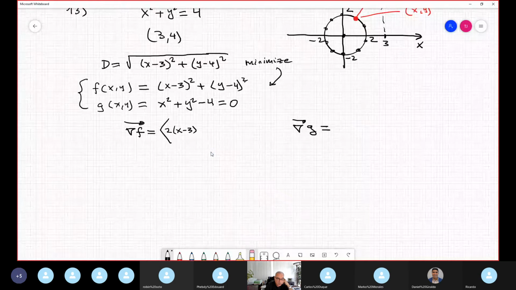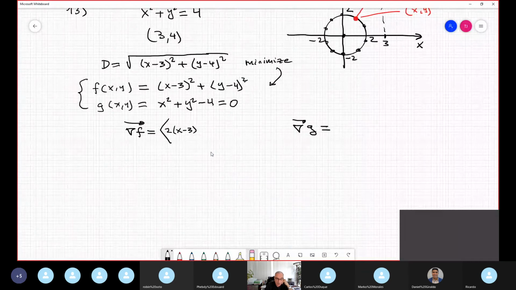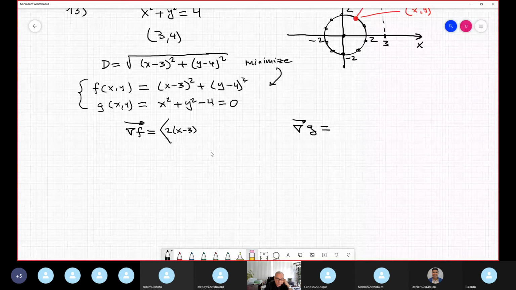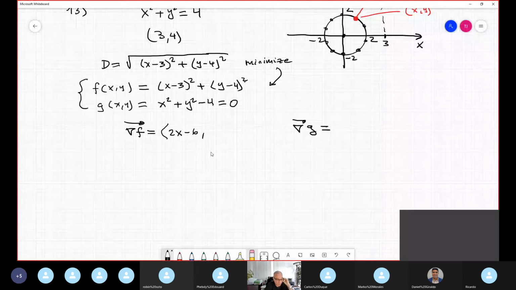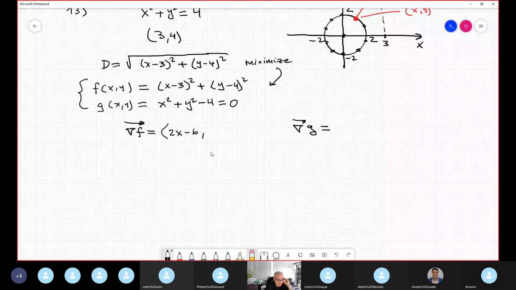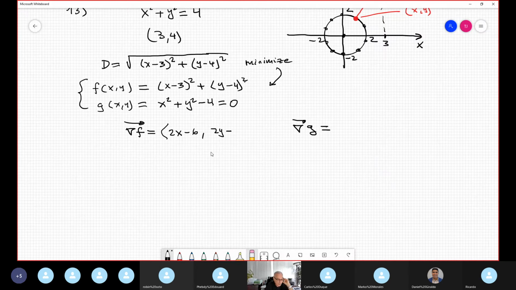Because you apply the chain rule, this exponent goes to the front, you subtract 1, and the derivative of the expression inside is 1. If you want, you write, sorry, 2x minus 6, correct? After the multiplication of these two. Likewise, the partial derivative with respect to y is 2y minus 8.